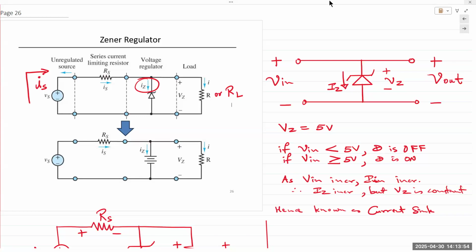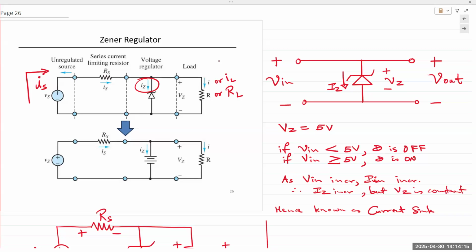So it'd be up to you to recognize what is being talked about. So this would be I or IL. Just letting you know that in the book, it's just I without any subscript notation. All right. So load current, load resistor.